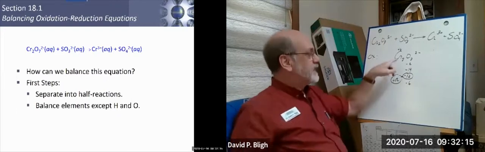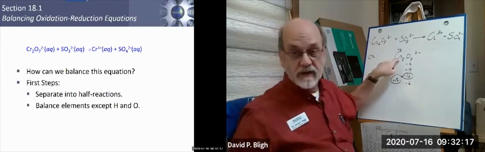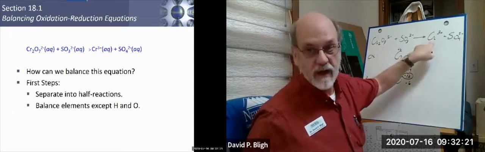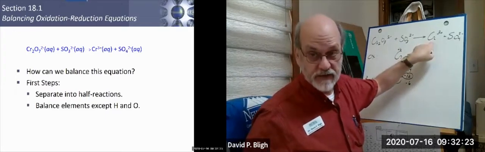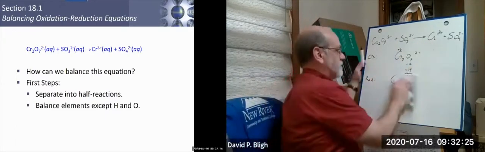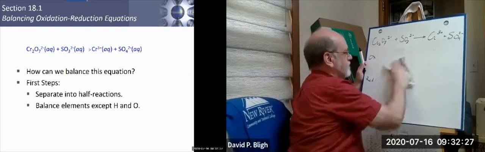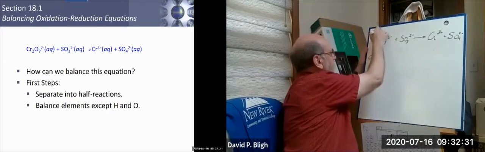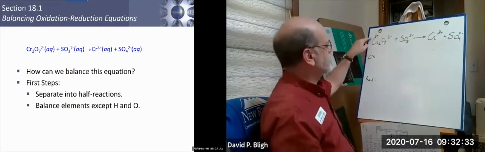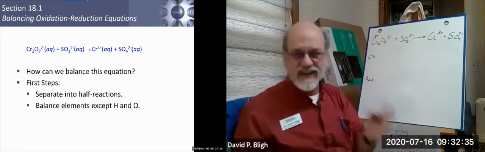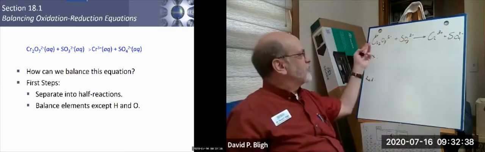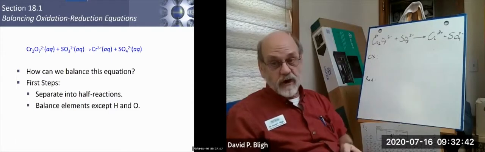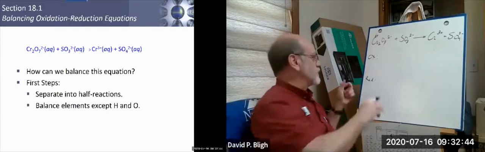Okay, that means this chromium is a +6 oxidation state, and it goes to a +3 oxidation state. Right. So let's write this up here just to keep track of everything. That's a 6+ to 3+. So what has happened? Why did it go from 6+ to 3+? It gained electrons. It has been reduced.